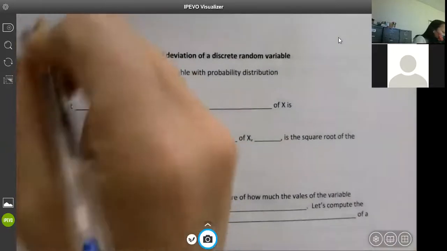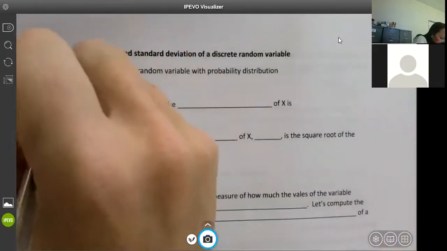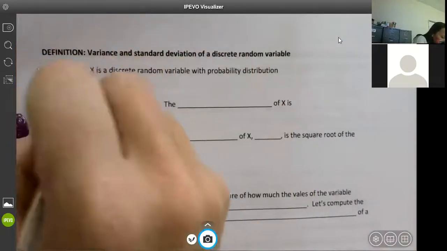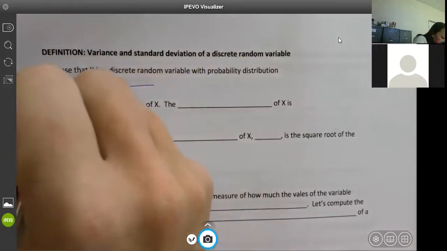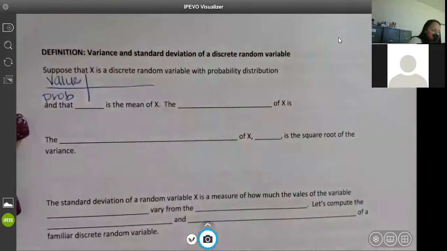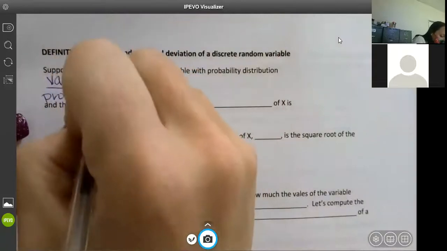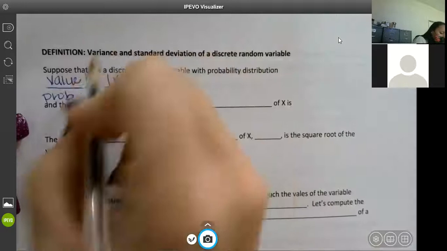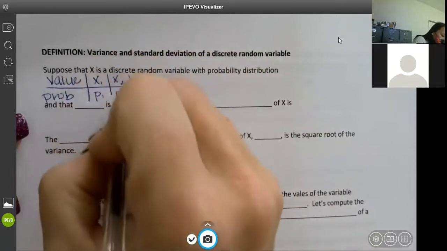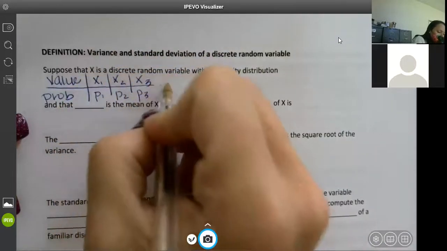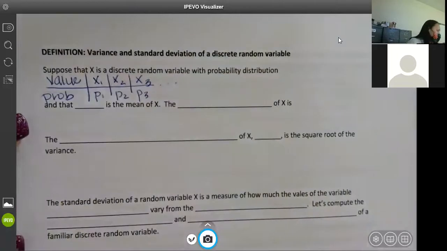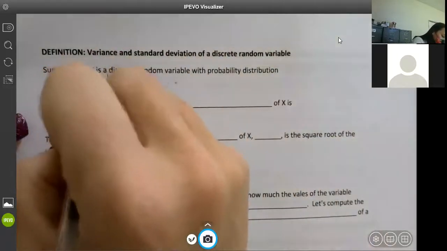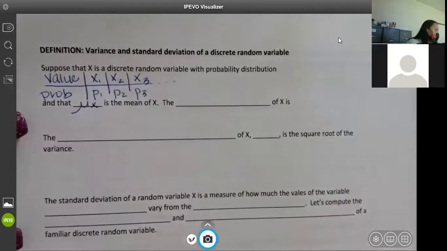If you have your chart, your value and your probability chart, your values were x1, x2, x3, and your probabilities were p1, p2, p3. So what we did yesterday with that chart: mu of x is the mean of x.